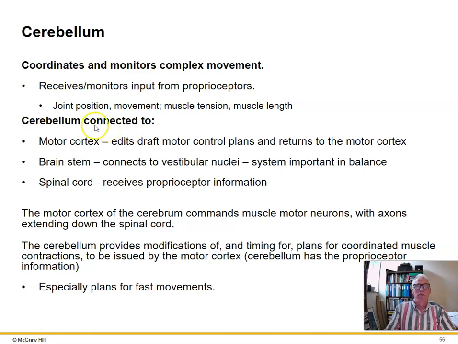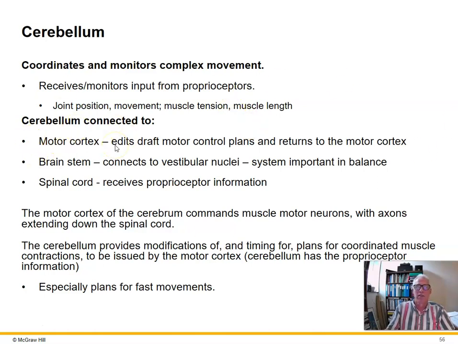And the motor cortex is going to rely on the cerebellum with all that detailed proprioceptor information to fine-tune motor control plans. When you execute an activity with your body, it takes many muscle contractions and a very precise timing and order to make those things happen and maintain our balance and do everything it takes to get the job done.